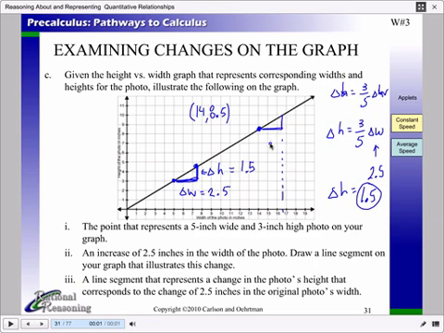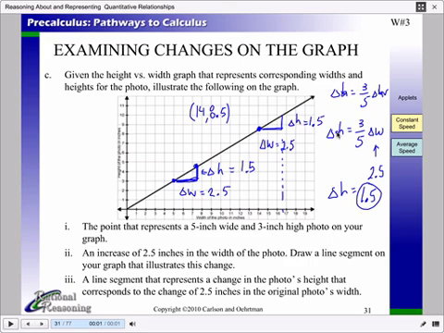So the question is, is it the same delta H? What is it about the nature of the graph, the line, that makes the change in height always 1.5 if the change in width is 2.5?